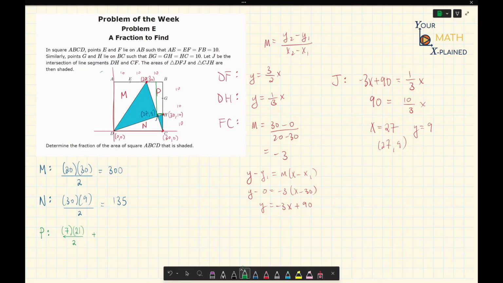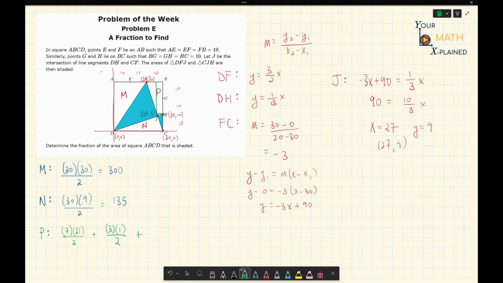Now we're going to focus on this mini triangle down here. That has a width of 27 to 30, so that's going to be a width of 3. The height of that triangle is 9 to 10, so that'll be 1 divided by 2. And then finally, we've got the rectangle.